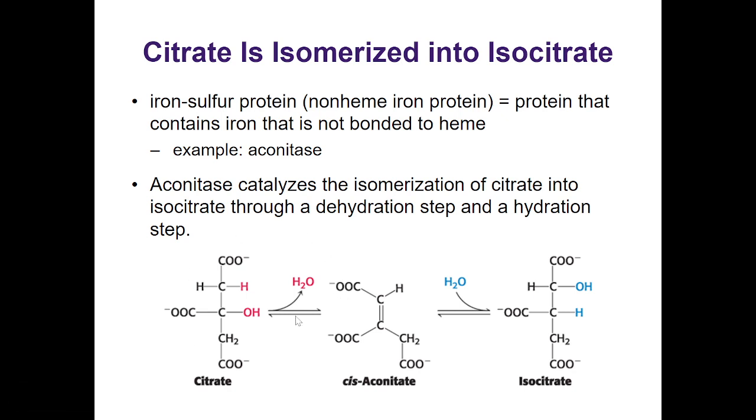So this is kind of a cool reaction actually, because you don't see this very often, right? So what we're going to have is citrate is going to be dehydrated. And so we're going to pull a water off, a hydrogen from one side and OH from the other. This is going to make a double bond.